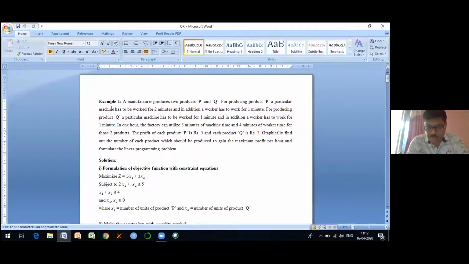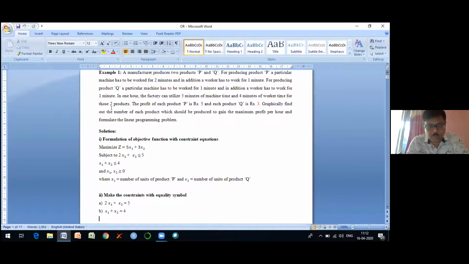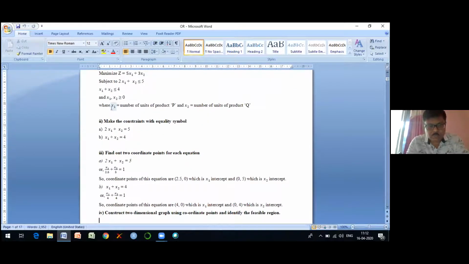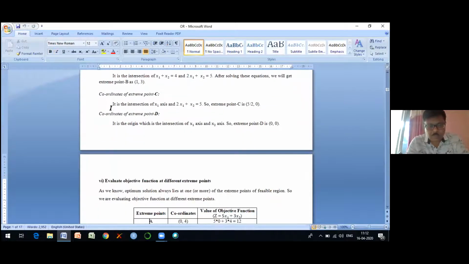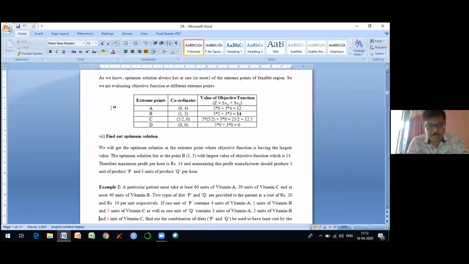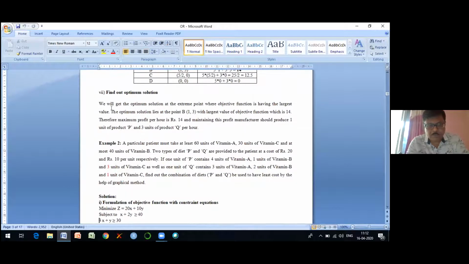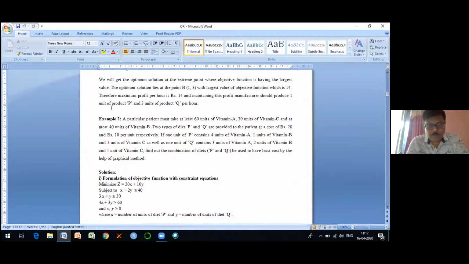So we are coming to problem number 2. So here is the problem, example 2. There were certain mistakes we have corrected.